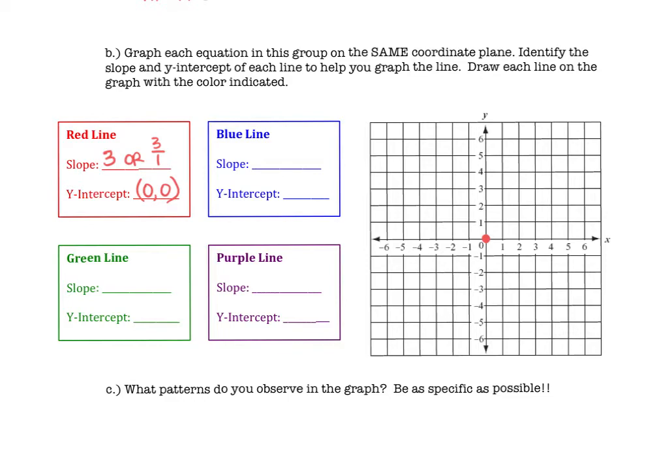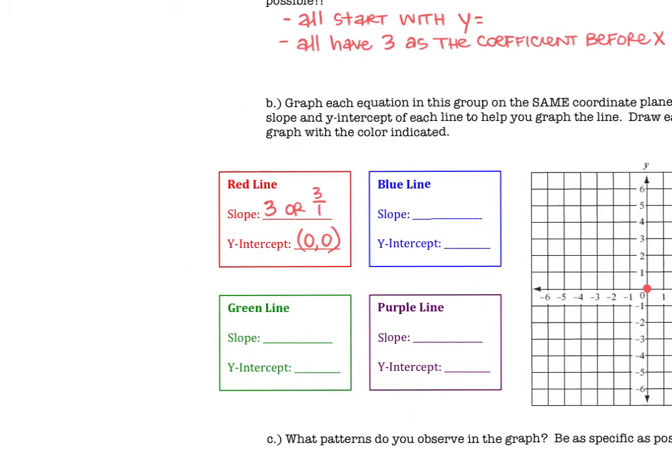So quick review of slope like we've talked about. Slope is the rise over the run. So the top number tells me how much I move up or down, and the bottom number tells me how much I move right or left. And if I count up, that's positive, right is positive, down is negative, left is negative.